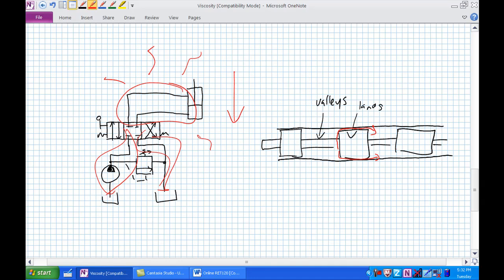Okay, so the solution maybe in this case is don't take it to those two extreme environments. The other solution to this may be, if you are going to operate this system in North Dakota in January, you may want to get a different type of fluid that has the same viscosity that your earlier fluid did at a certain higher temperature.